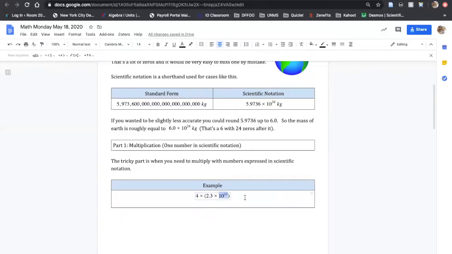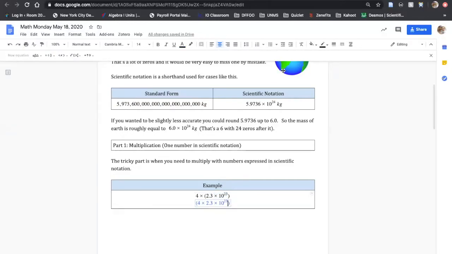So really what I'm doing is regrouping and putting the 4 multiplied by the 2.3, and then I'm just going to add that exponent onto the end of it, right? And you guys all know how to multiply an integer with a decimal.